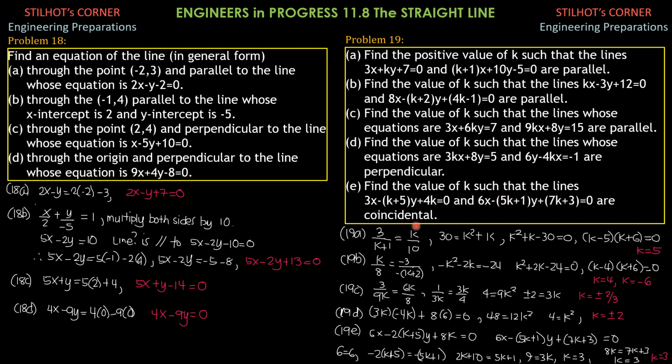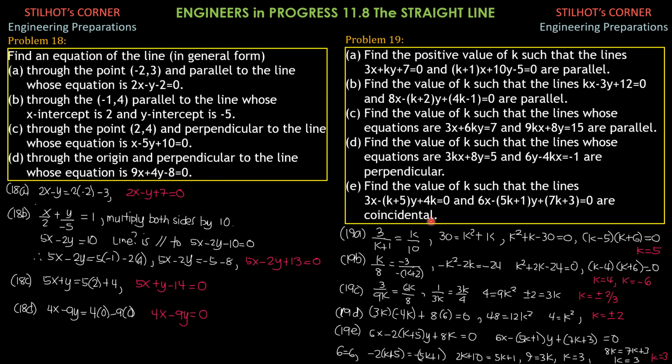For two lines to be same lines, the corresponding coefficients and constants should be equal, or ratio of corresponding coefficients and ratio of constants must be the same.